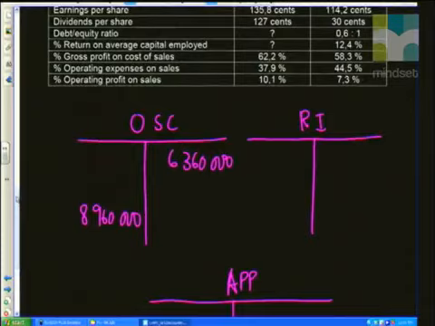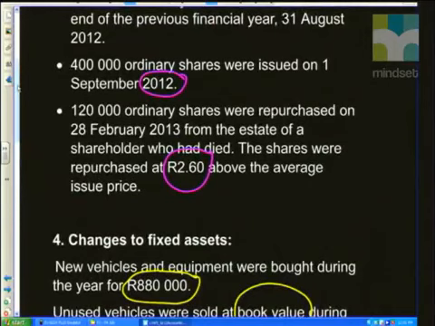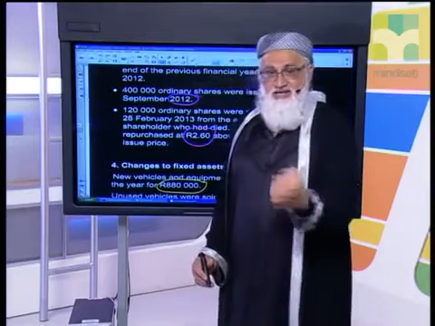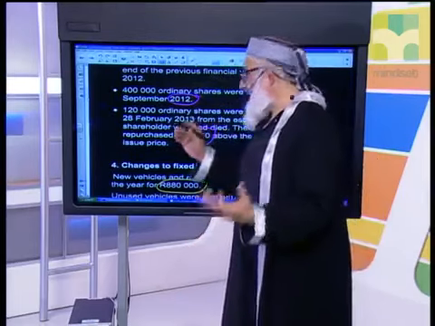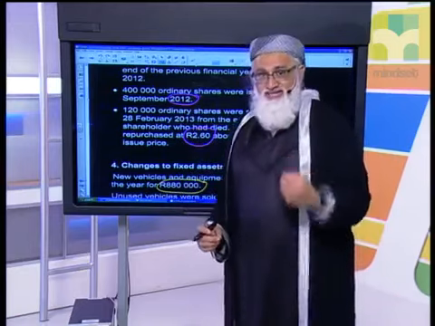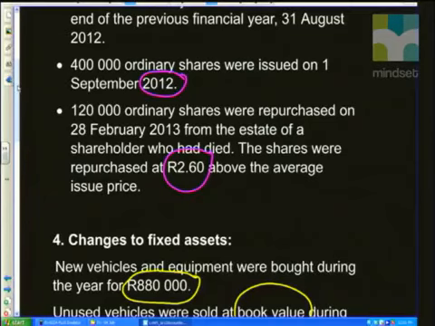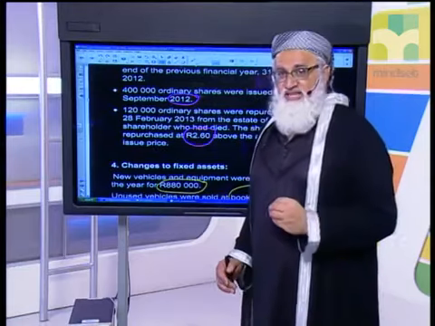I'm told that 400,000 ordinary shares were issued. That means I sold more shares. So definitely my share capital account must increase by that value. But unfortunately, I don't have an amount. So that means I need now to calculate that figure. And I'm told that I repurchased shares. 120,000 shares were repurchased on the 28th of February at an amount of 2.60 above the average price.